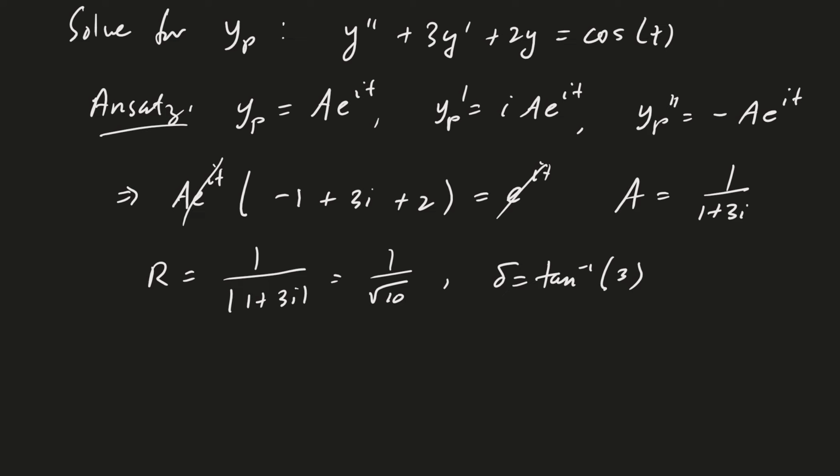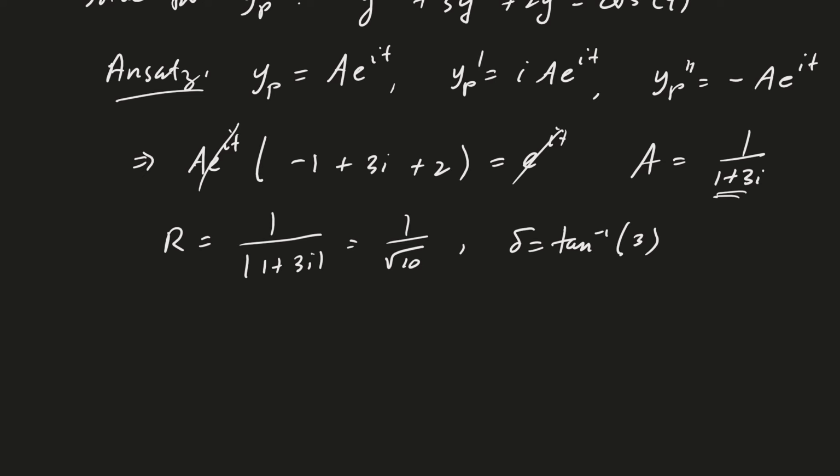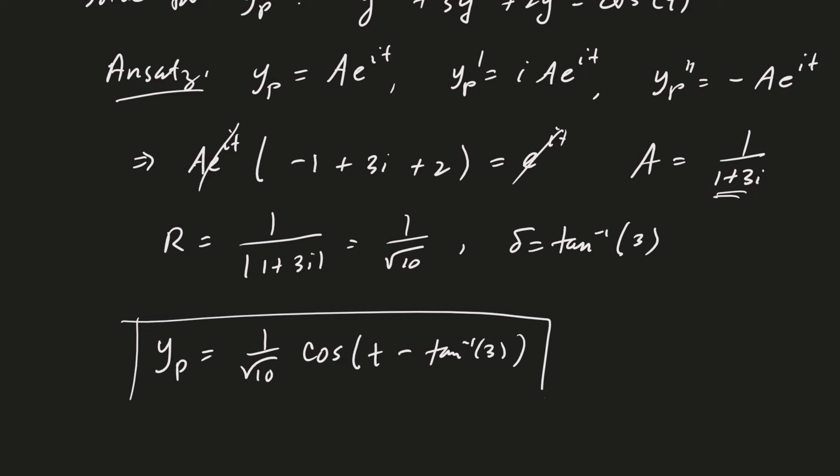And that is in the first quadrant, so I don't have to worry about adding pi. Very good. So the particular part of my solution is 1 over the square root of 10 times cosine of t minus delta, which is the inverse tangent of 3. And we are done. Easy, easy, easy.